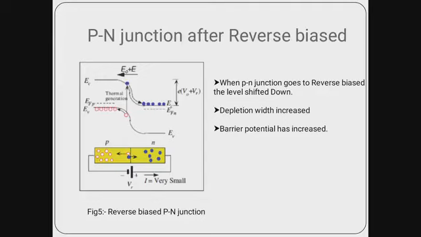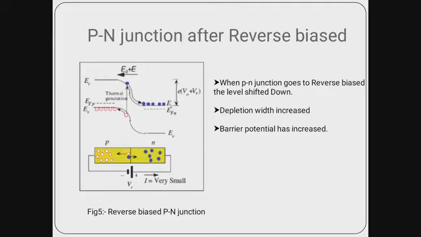So what will happen? Here is a plenty of electrons in n-type bead and here is a plenty of holes in p-type bead. But due to this barrier height and due to this increase the width of the depletion layer, plenty of electrons are not able to move or go towards the p-type bead.